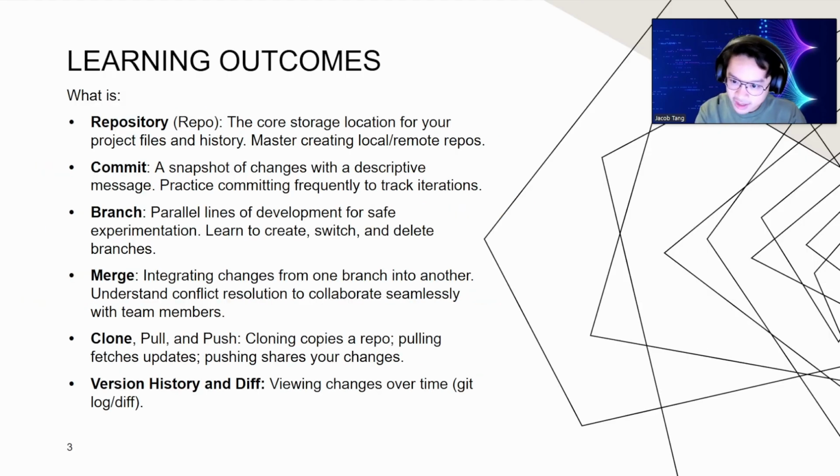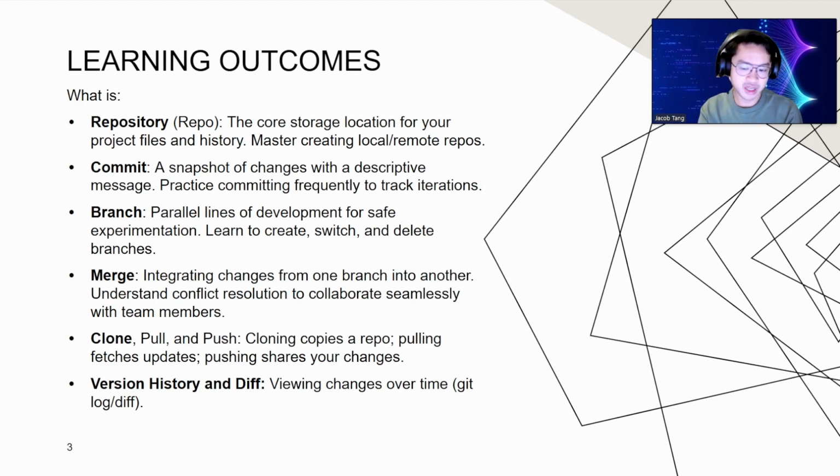So some key concepts here of version control. What is a repository? Most commonly known as a repo. Think about it as a very advanced Google Drive that programmers use. It is where they store their code, their data, and in this presentation, we'll learn how to create local and remote repos.